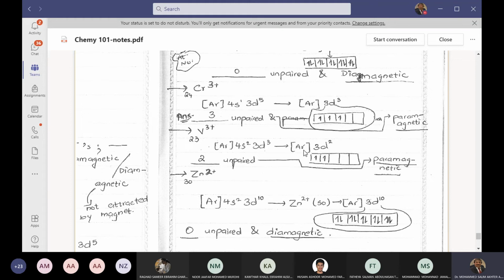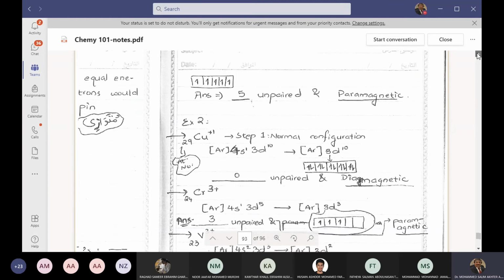This is very, very important, and now I would like you to do Mn, manganese, atomic number 25. Mn4 plus. I have this, so I can show you from here.